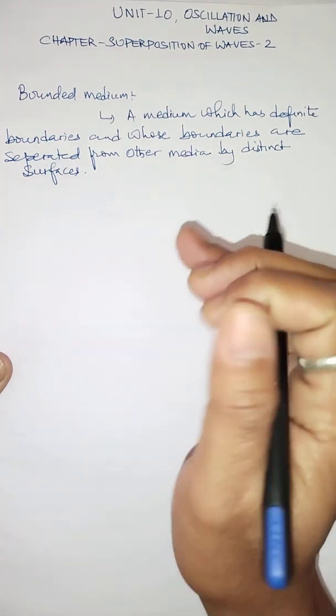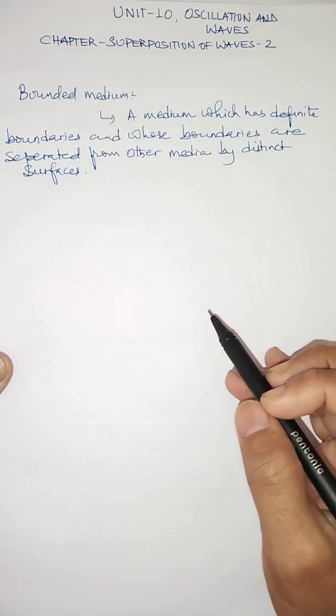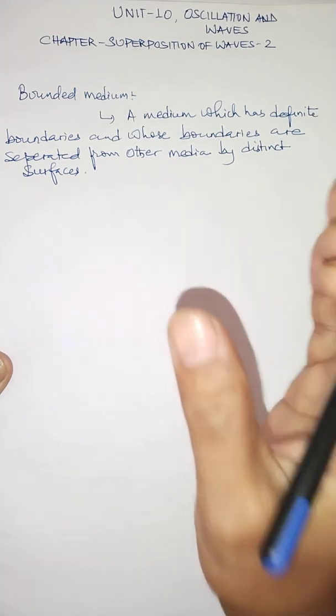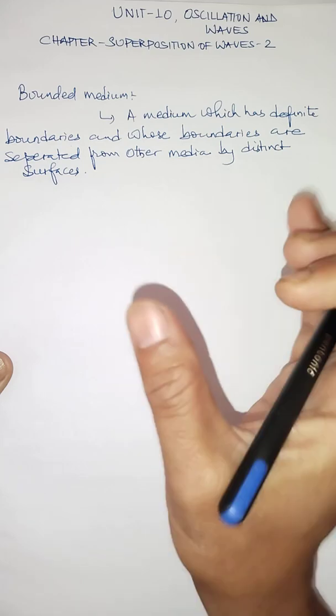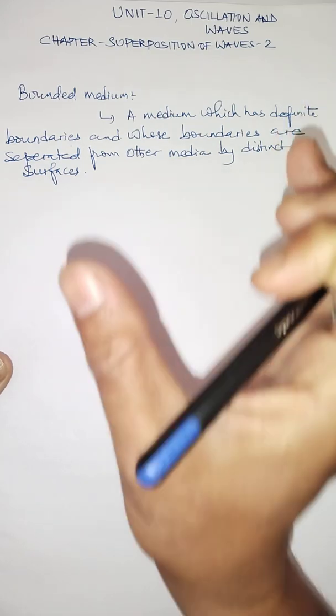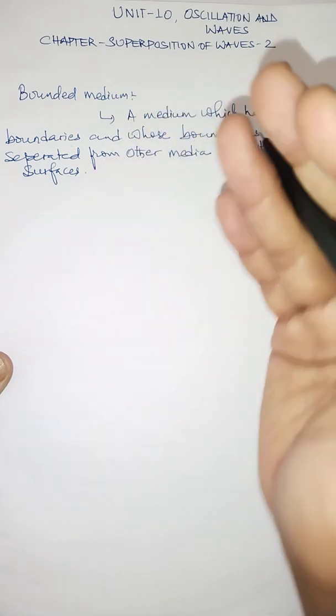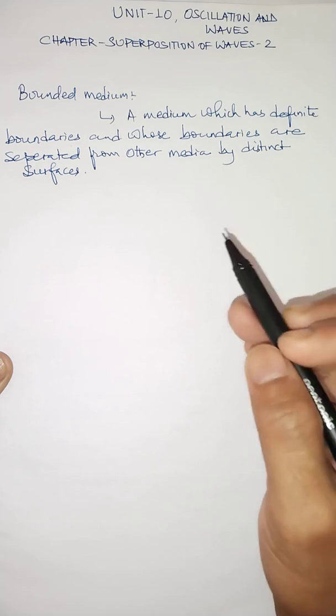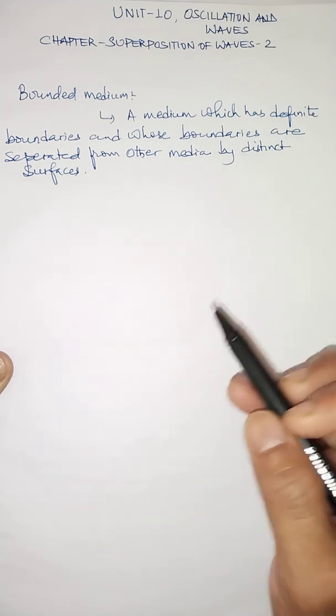Such a medium is called a bounded medium. Bounded means related to boundaries: the medium which has definite boundaries, and the boundaries of this medium are separated from other media by distinct surfaces. Such a type of medium is called a bounded medium.